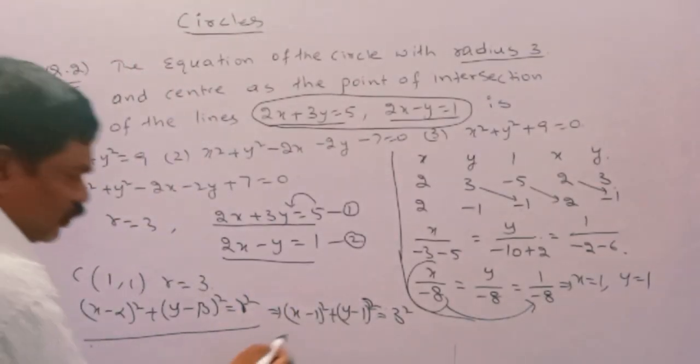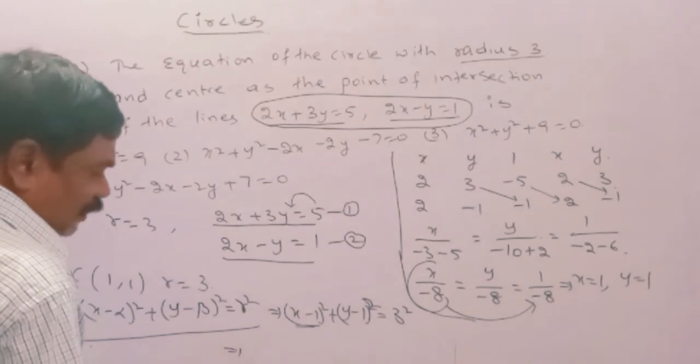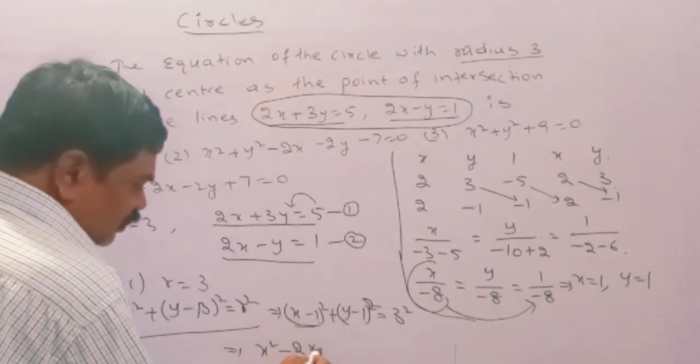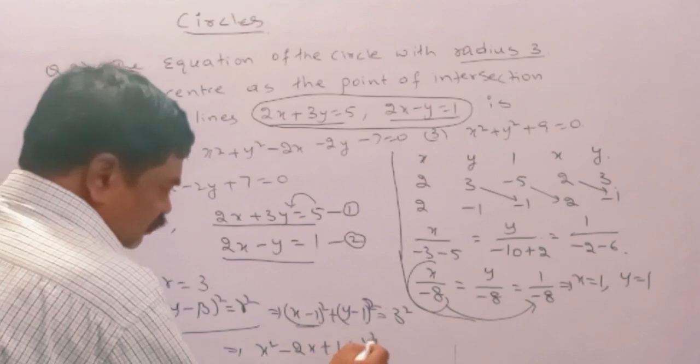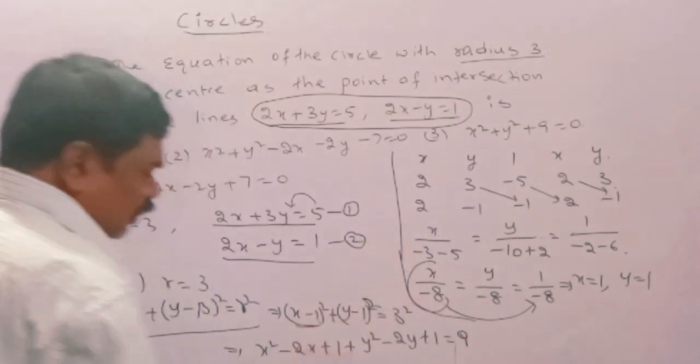Okay, all of you, you expand this one, x minus 1 whole square, by using a minus b whole square. That is x square minus 2x plus 1 plus y square minus 2y plus 1 is equal to 9.